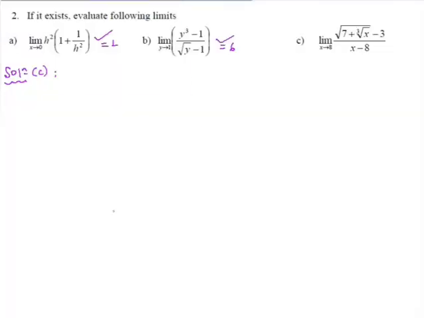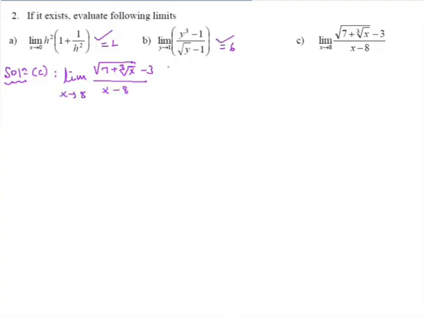To calculate the limit of the C part, we use L'Hopital rule. Why do we use L'Hopital rule? The question says the limit of the square root of 7 plus cubed root of x minus 3 over x minus 8 as x approaches to 8.